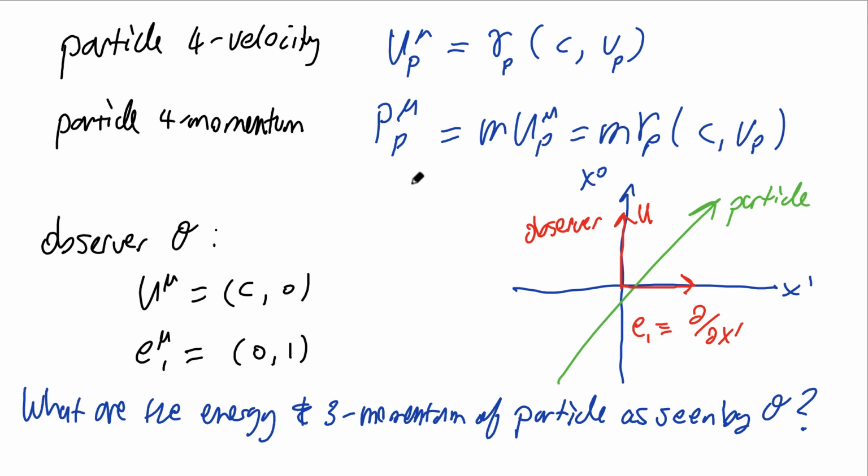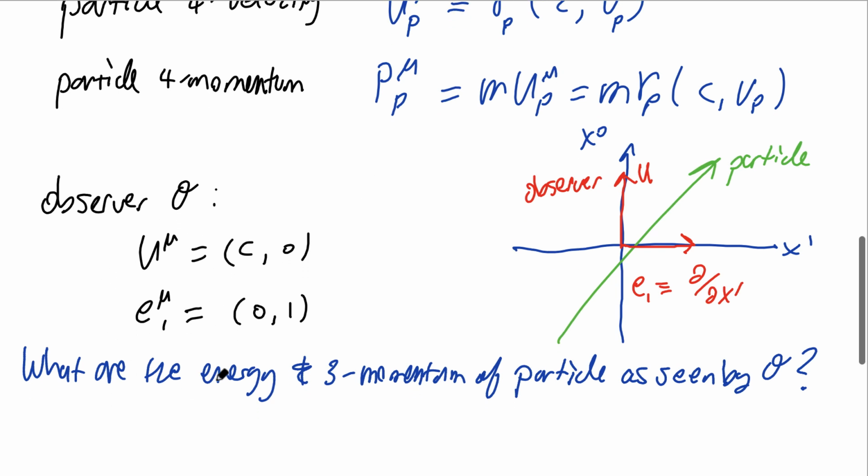In other words, the 4-momentum encodes the energy and the ordinary momentum of the particle, and we would like to know how this observer extracts the energy and the 3-momentum from the 4-momentum. And the answer is that the observer just takes the dot product of the 4-momentum with these basis vectors.